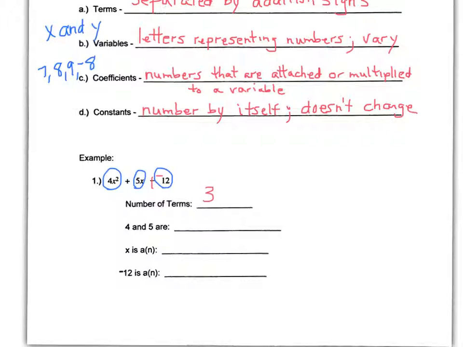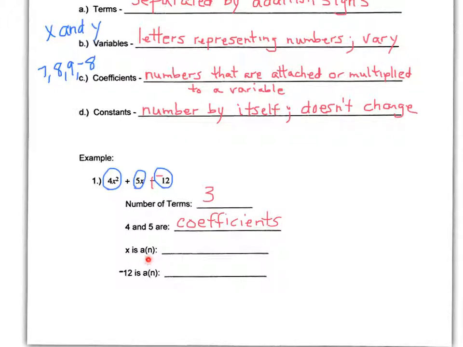If you look closely, the 4 and the 5 are right next to letters, attached to letters, multiplied. So the 4 and the 5 are called coefficients, because they're right next to letters.